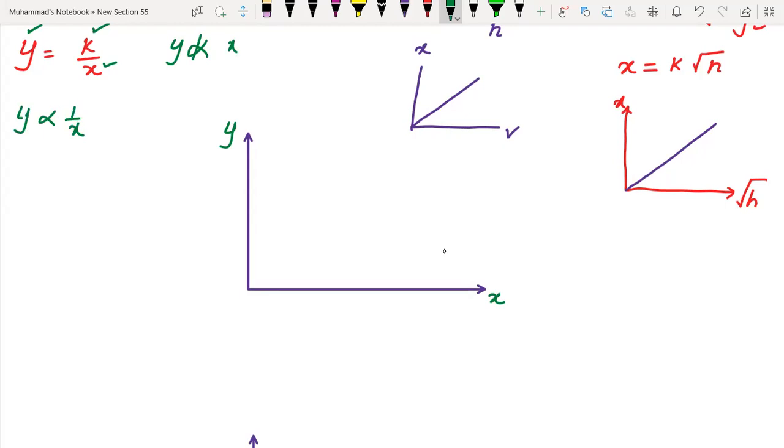Okay. So as x increases, y would decrease, but in a non-linear fashion.